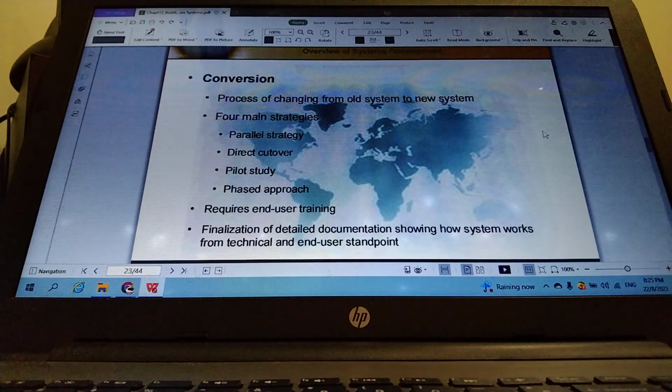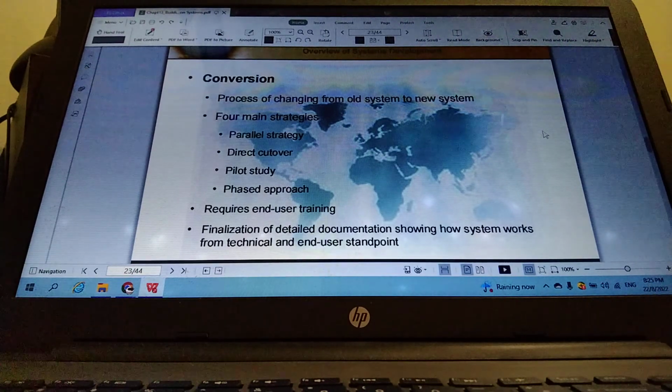There will be some systems or cases where we have to do this, we have no choice, but in most cases we will do the parallel strategy, which is safer, less risk. If anything goes wrong with the new system, the old system is still in running mode, we can always switch over to make sure there is less impact, less business downtime, less risk.